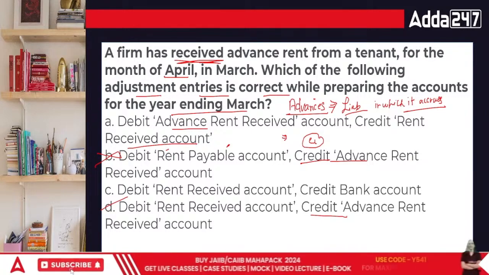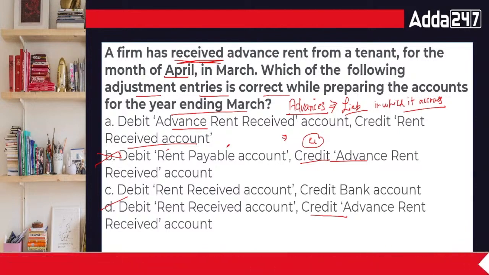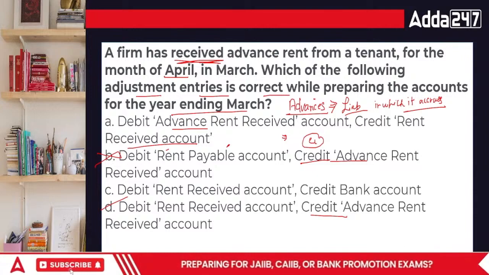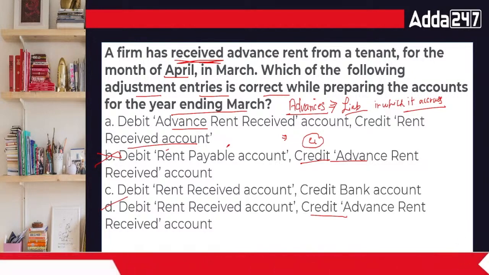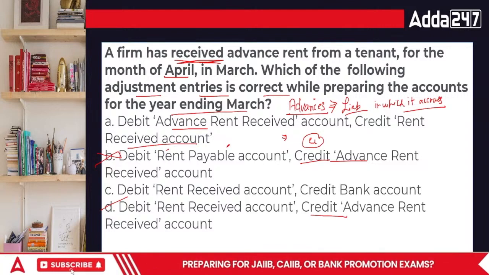If you can identify even a single part of the journal entry, because there are debit and credit sides, if you can deal with the debit side, the credit side you'll figure out. If you figure out the credit side, you can figure out the debit side.